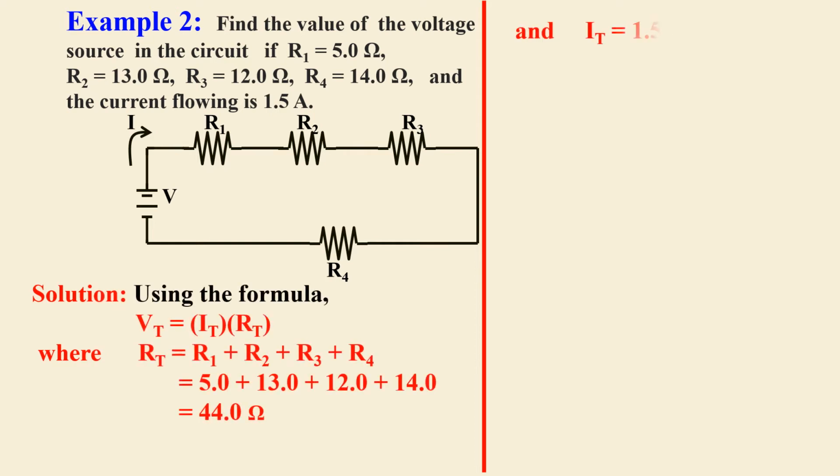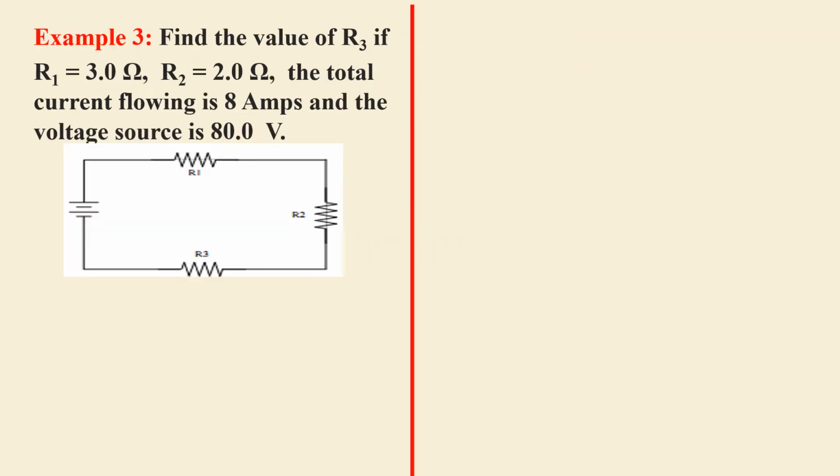So, using the formula V sub t equals I sub t times R sub t, where the total resistance is the sum of the resistances, which is equal to 44 ohms, and the total current flowing is 1.5 amperes. Thus, the value of the voltage is obtained using Ohm's law. V sub t equals I sub t times R sub t. Substituting the values, the answer is 66 volts.